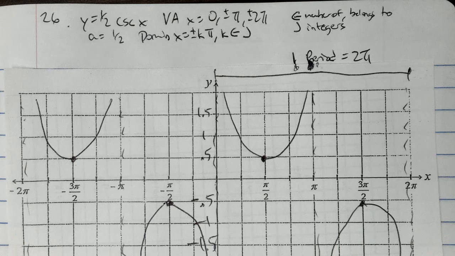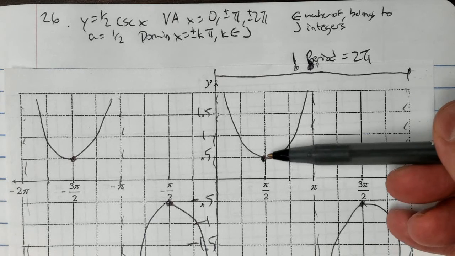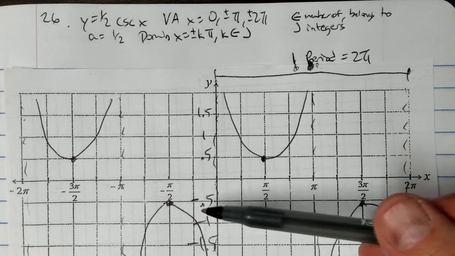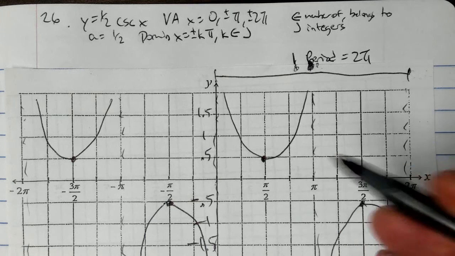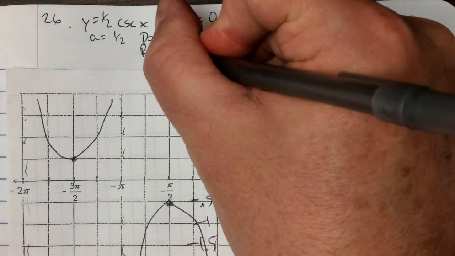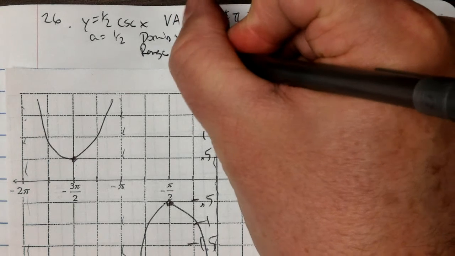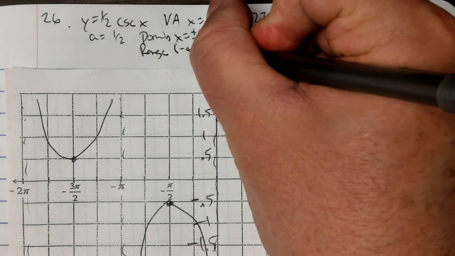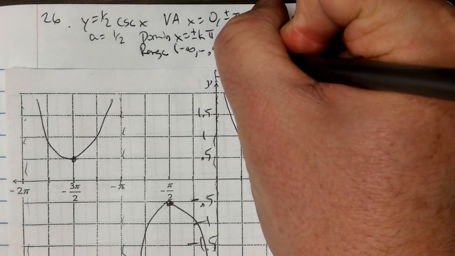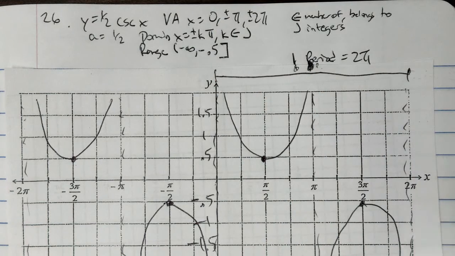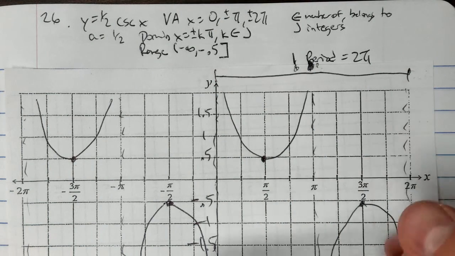And the other part of this is about your range. It's from like here up and from here down. So the range would be from negative infinity, comma, negative 0.5. Then you need a bracket because it includes that number.